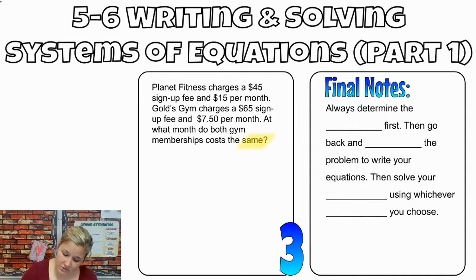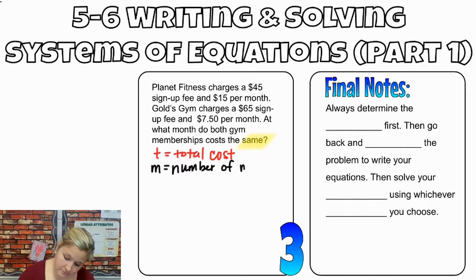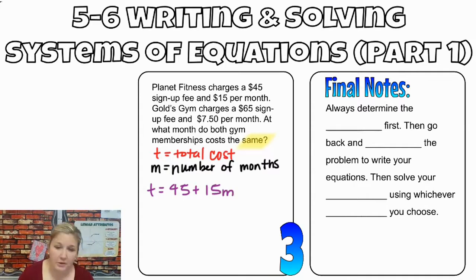So I'm going to say that T is my total cost, and then after so many months, and I'm going to use M for the number of months. So T for Planet Fitness is going to be $45 plus $15 per month.